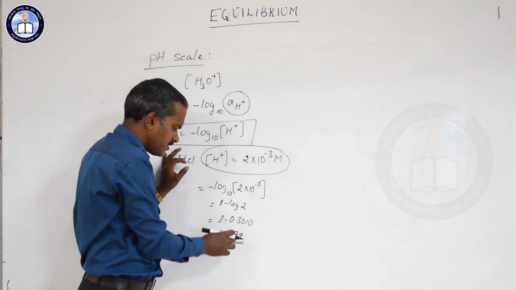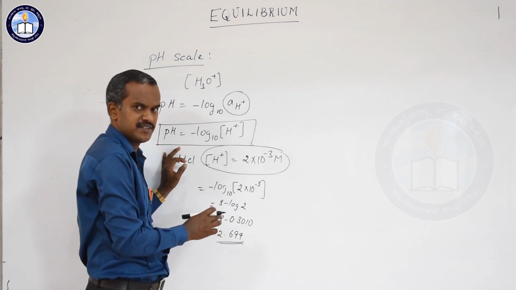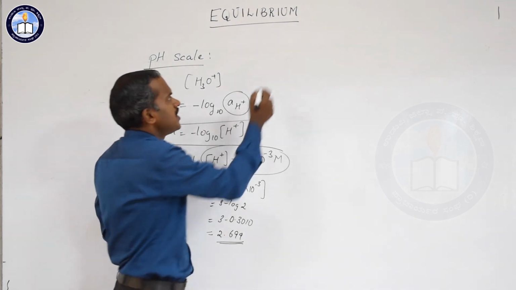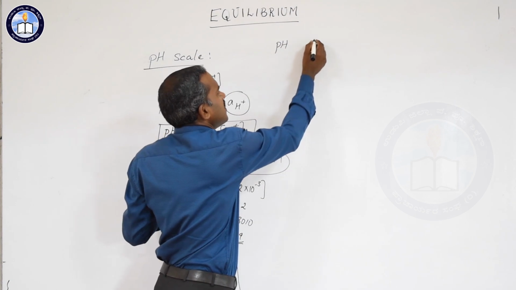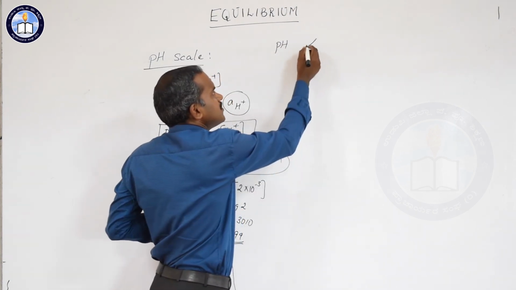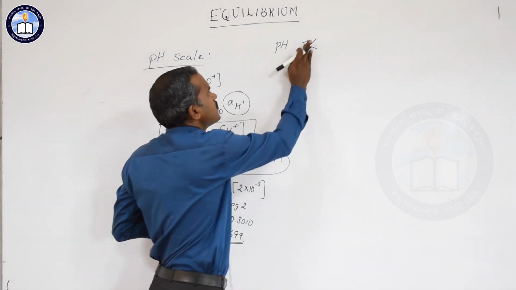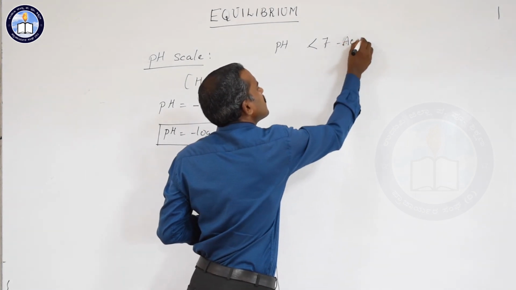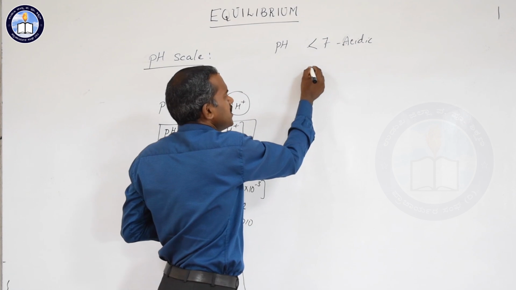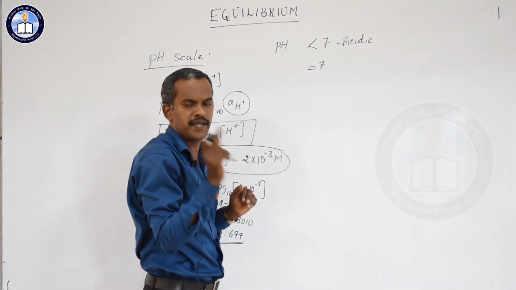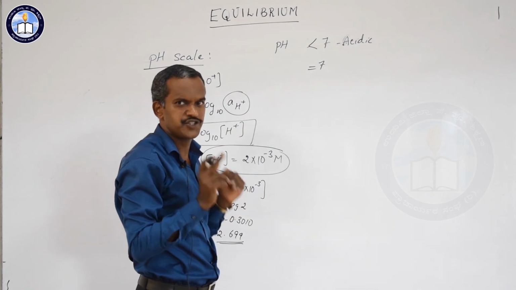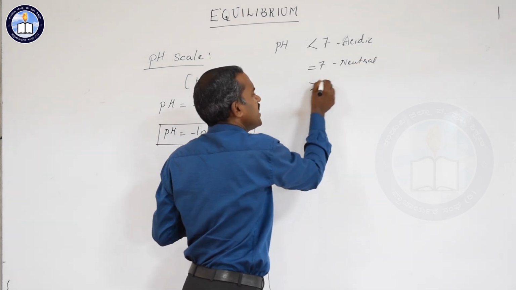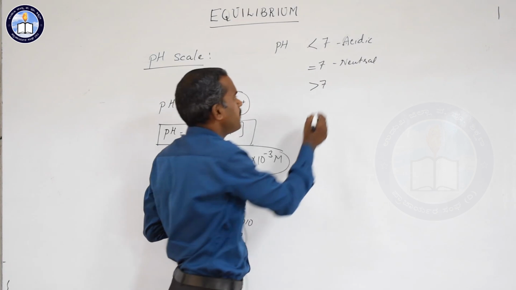Okay, so if the value is 2.6, less than 7, we call it acidic. So what you have to remember here is when the pH value is less than 7, then the solution becomes acidic. If the pH value is equal to 7, you have to remember the pH of pure water is 7, it is neutral. pH equal to 7 means it is neutral, and if it is greater than 7, then it becomes basic.